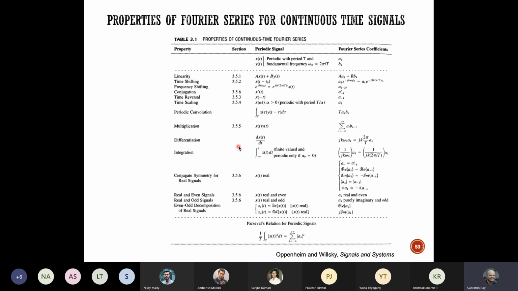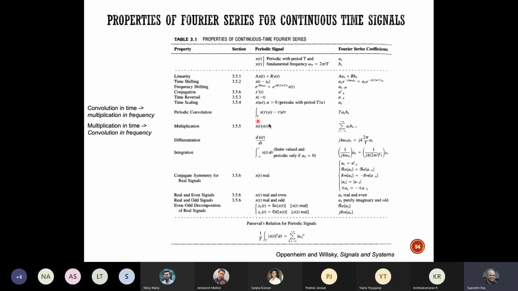So today I'm going to talk first about a very important property which keeps coming up in many forms when we talk about Fourier analysis, which is the duality between multiplication in one domain and convolution in the other domain.